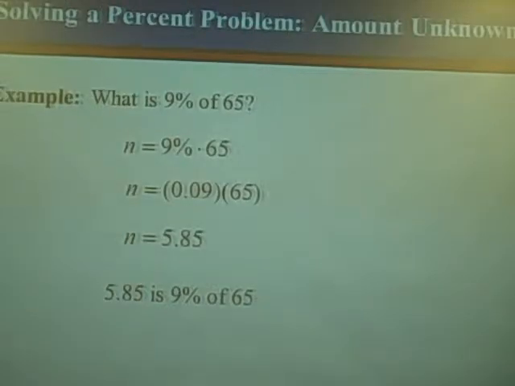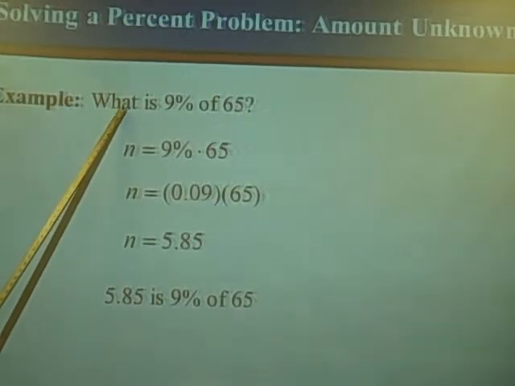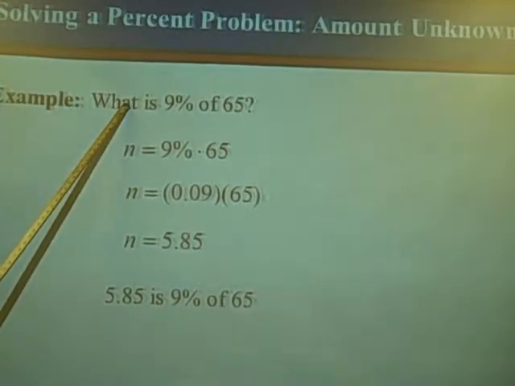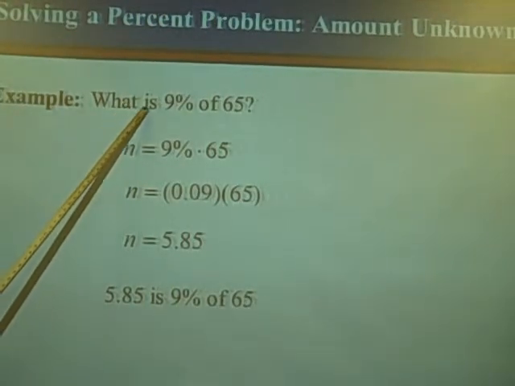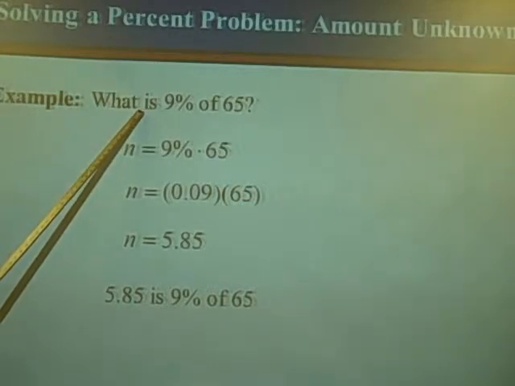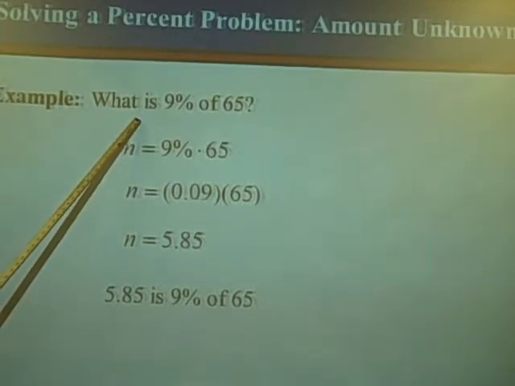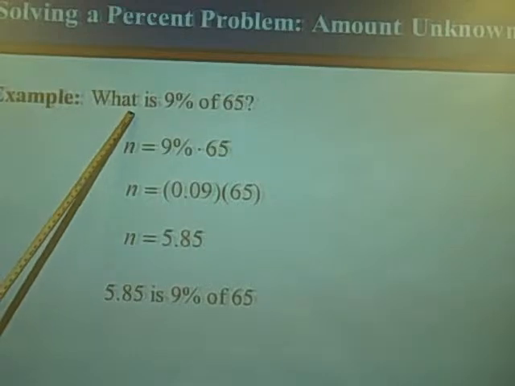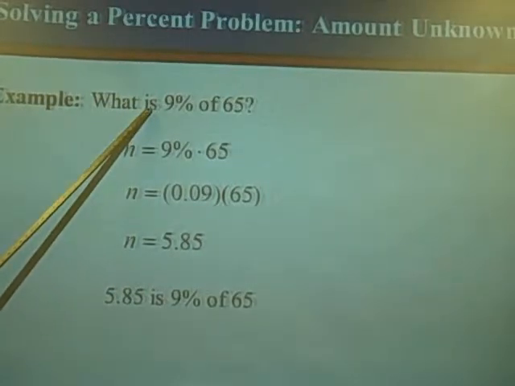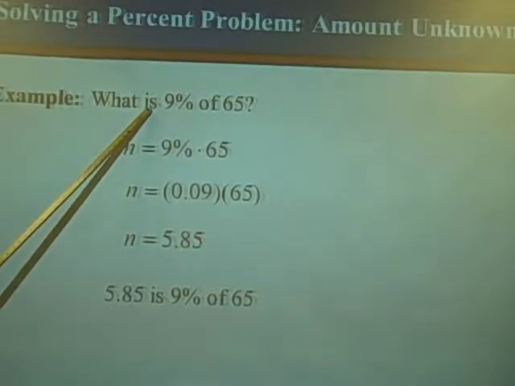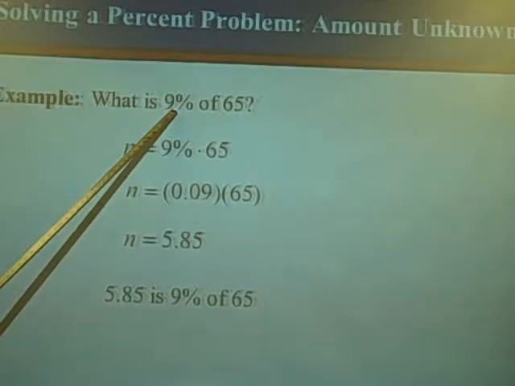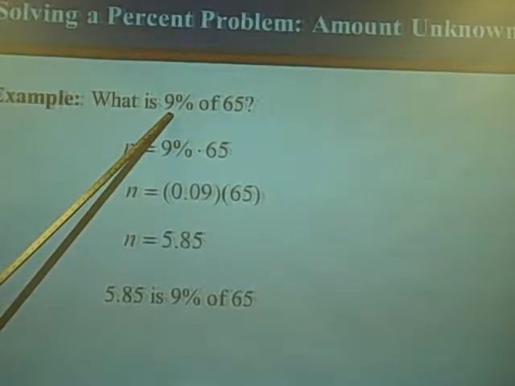Okay, so let's take a look at some problems here. What would be considered the amount? Pay attention here because you're going to see these problems a lot. "Is" would be equals, right? Equal sign. 9%, change that to what as a decimal? 0.09, right.